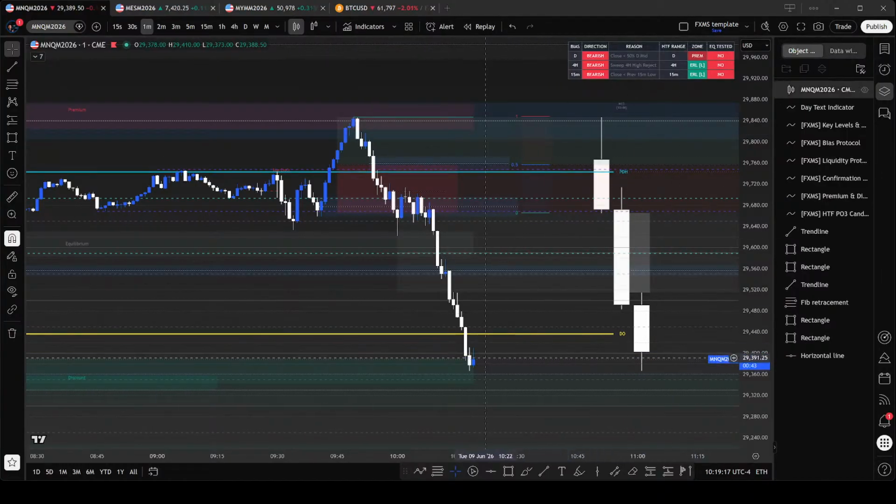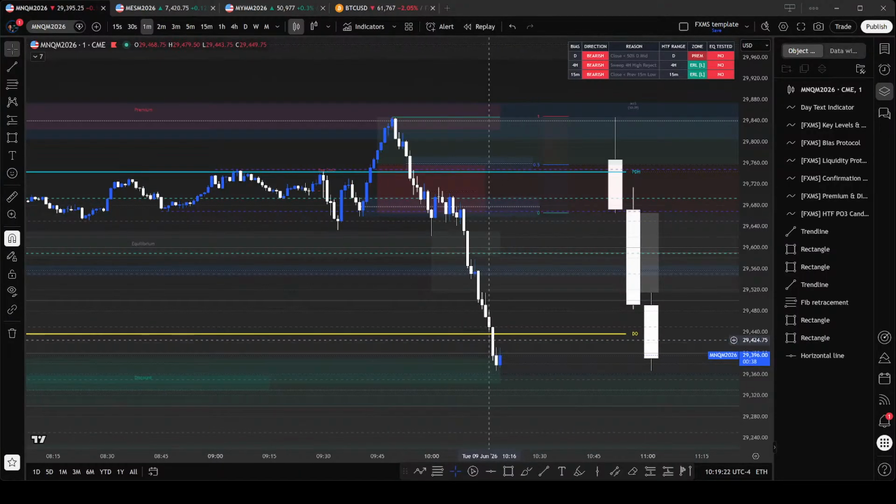See if we get a close back above it. That certainly doesn't look like it's going to close above it. But there's an imbalance right here, so we could see a retest of the imbalance.